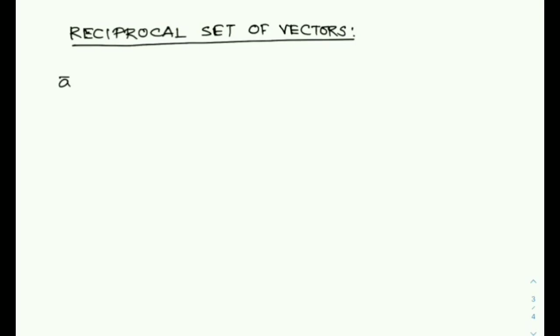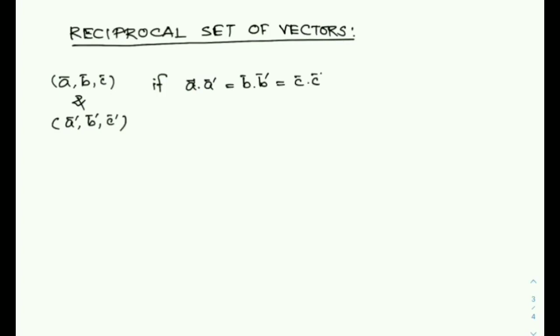Reciprocal set of vectors. It is a very important topic, especially in solid state physics. Two sets of three non-coplanar vectors like A, B, C and A prime, B prime, C prime are said to be reciprocal sets of vectors if they satisfy A dot A prime equals B dot B prime equals C dot C prime equals 1.